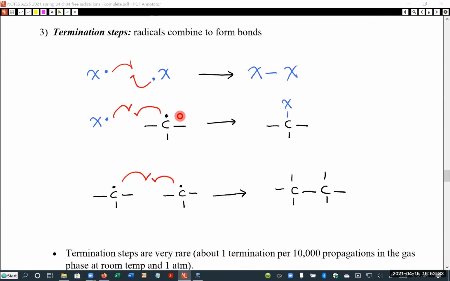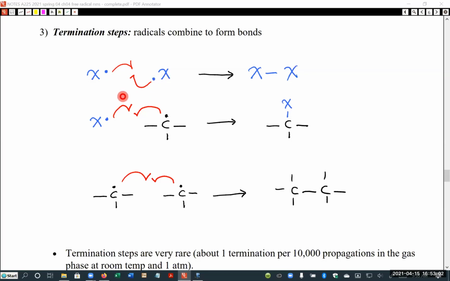Now, this ultimately does end. It ends when a radical combines or is taken away by something else. In general, we call these ending steps termination, because terminate means to end something, okay? And typically what we look at is the radicals combining to form bonds, because that would be the reverse of the bond dissociation energy reaction, right?